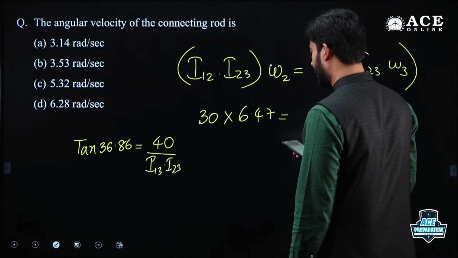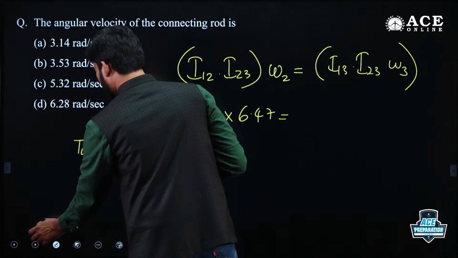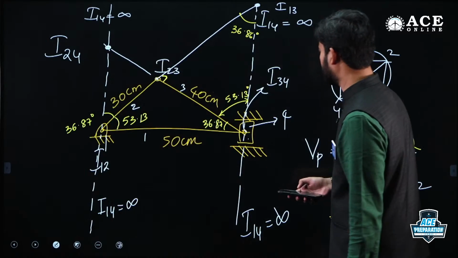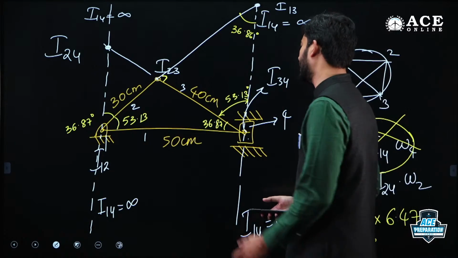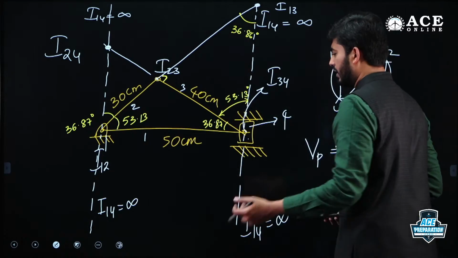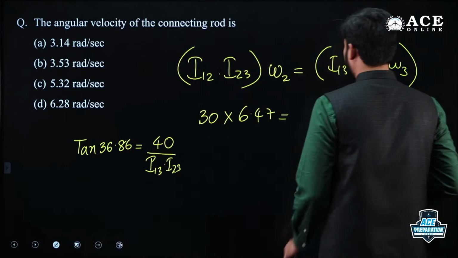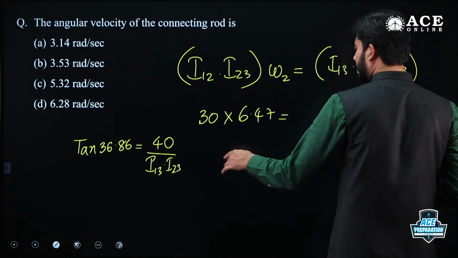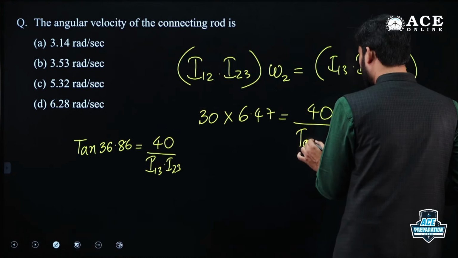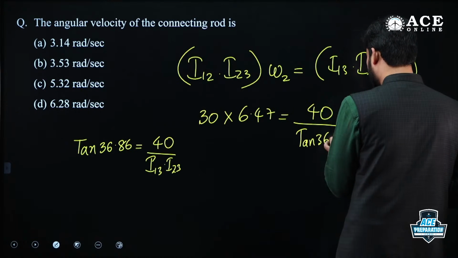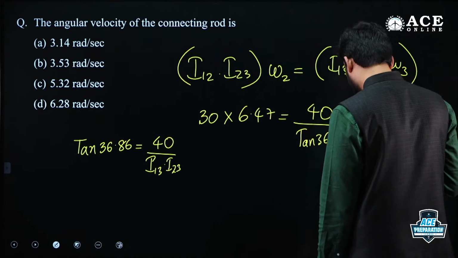An aspirant is saying 53.13. Where is it 53.13, boss? This will be 36.86, right? You can consider any one of the angles, it is your wish. So I13 I23 will be 40 by tan 36.86, into omega 3. What is omega 3?